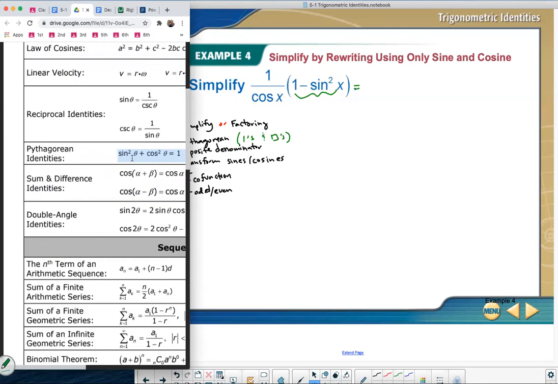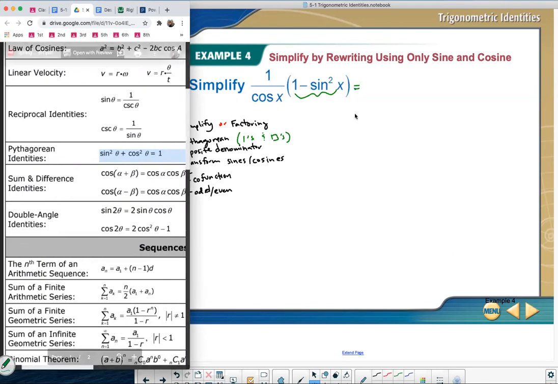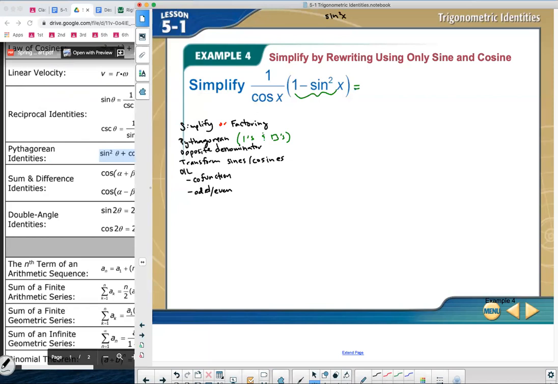I'm looking at this identity with the sine. I need it to be 1 minus sine squared. Well, this formula right now is set up as sine squared plus cosine squared equals 1. So if you just think through some basic algebra, if sine squared plus cosine squared equals 1, then basic algebra would tell me if I subtracted sine squared, I would have cosine squared equals 1 minus sine squared.